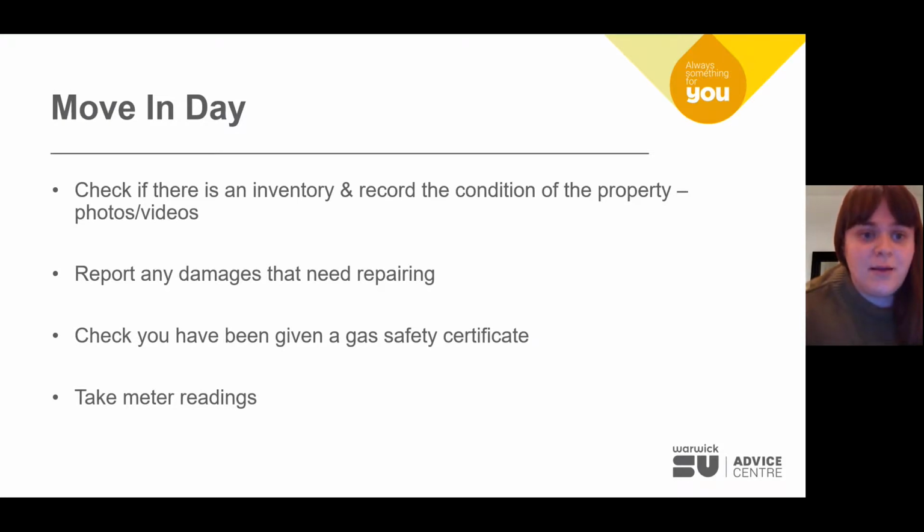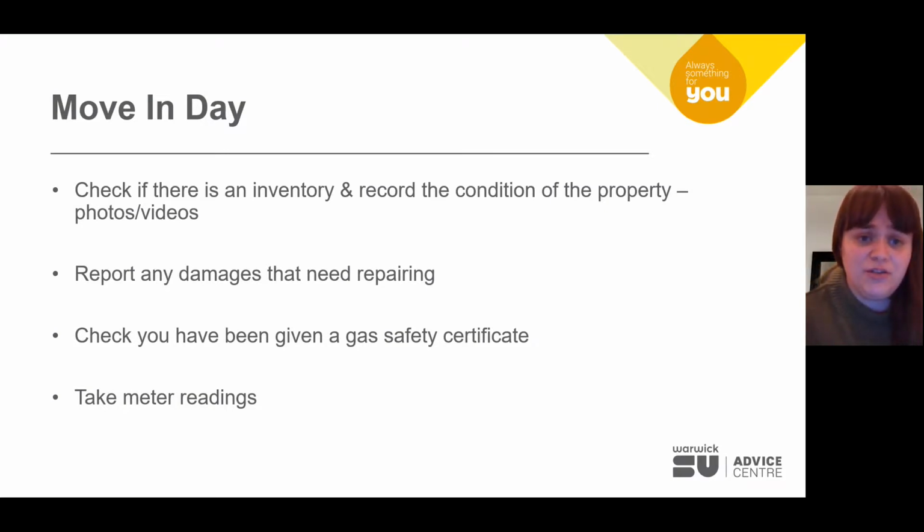The biggest issue that we see with students is not recording that inventory properly and not taking photographs of certain things, so things that you wouldn't even think of. So for example, the mattress, any marks on the wall, any issues with any white goods or any marks on furnishings.